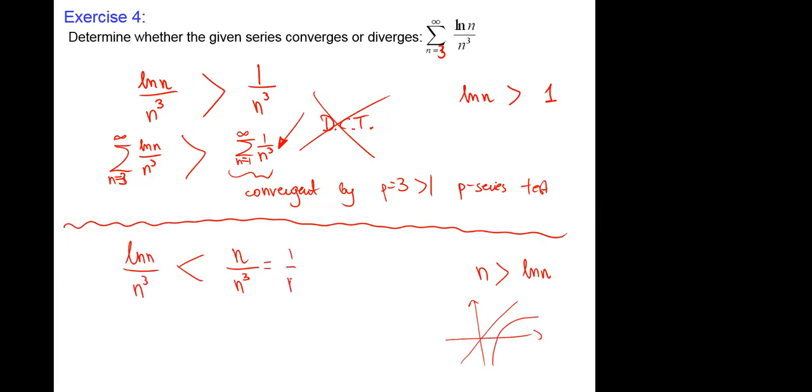I can simplify nicely, and I do have 1 over n squared. Of course, this is convergent. Everything that is smaller, that summation will be smaller, so it must be convergent.